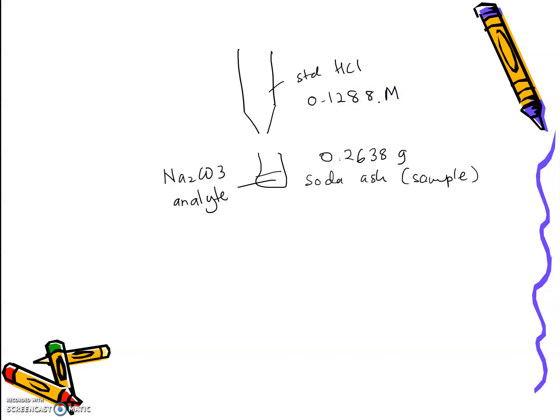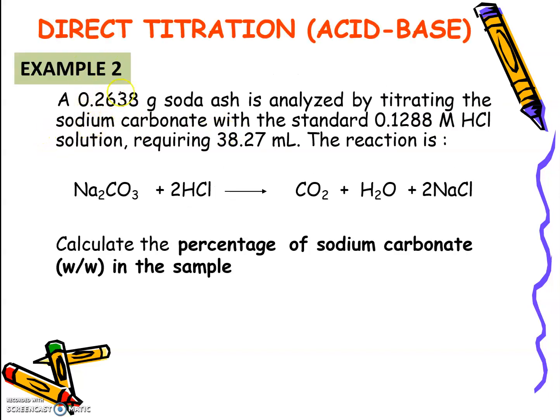Okay, where it requires 38.27 ml to reach the equivalence point or to make the reaction complete. Okay, so 38.27 is the titer that makes the reaction complete. That's why we come up with this equation.